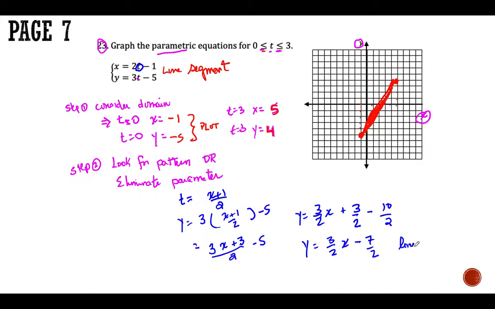This is a line with a slope of 3 halves and a y-intercept of negative 7 halves. And isn't that about what my sad looking line looks like? But notice that I was given a domain in terms of time. So that's why I had to actually know where these endpoints were.